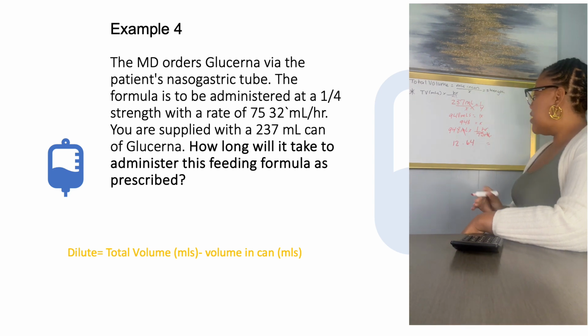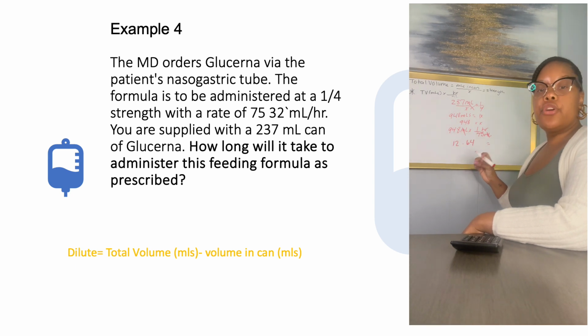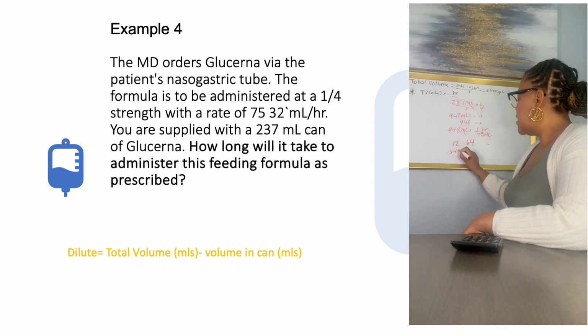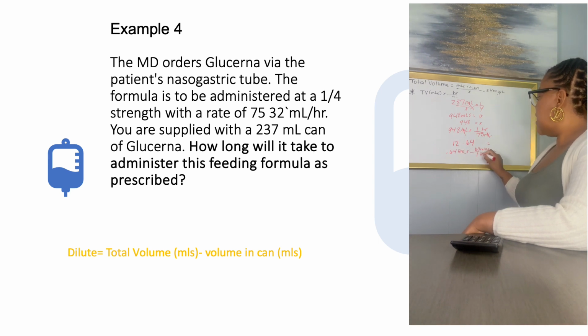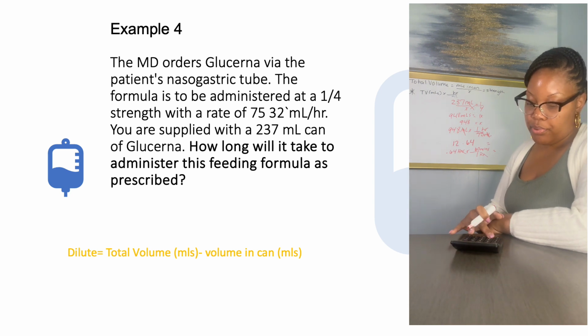12.64. All right, so we know we can't use that 0.64. We got to take that 0.64 and turn it into minutes. So 0.64 hours over 60 minutes equal 1 hour. So the hours cancel out, and then we're going to multiply straight through.